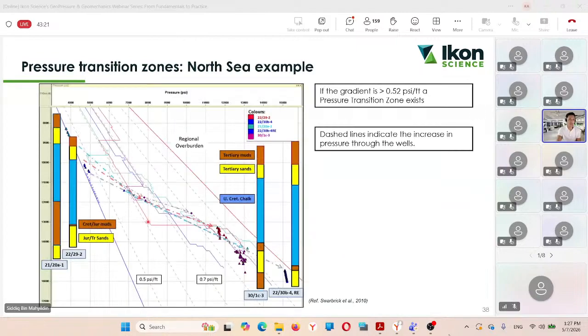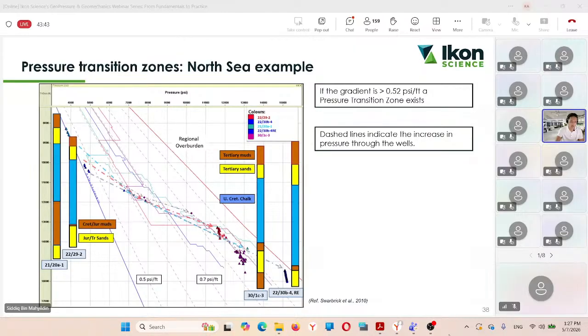The example of this is what we have in the North Sea. You can see that this is the chalk zone over here, in between two sand layers, this is sand. In the shallower section of the sand, we have hydrostatic pore pressure, normal pressure.